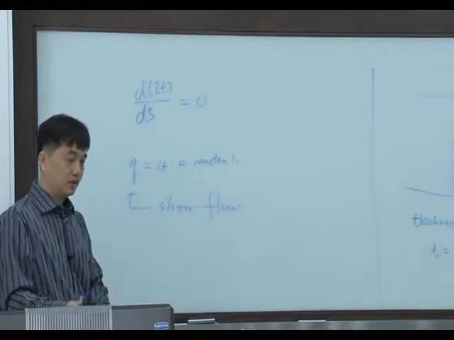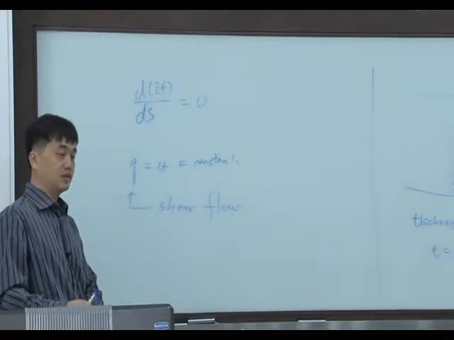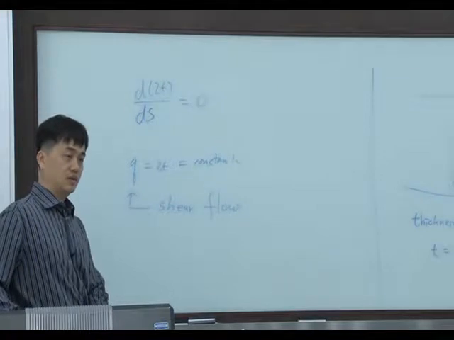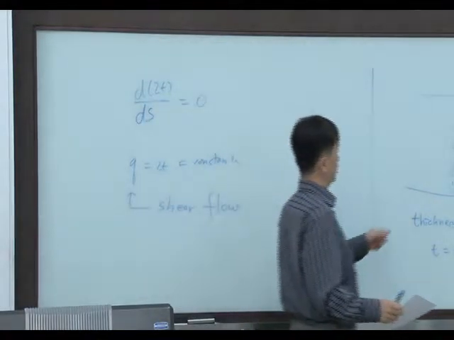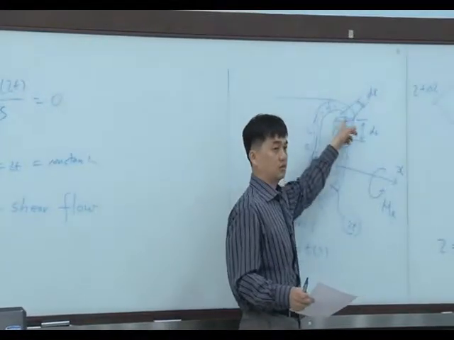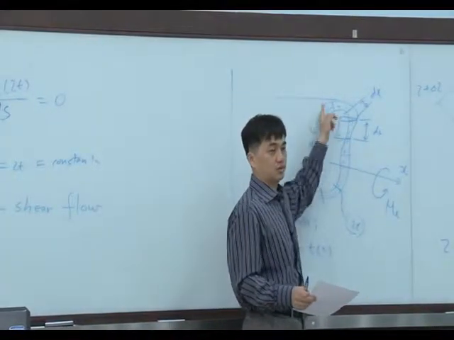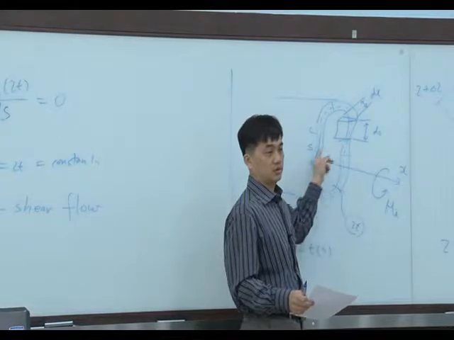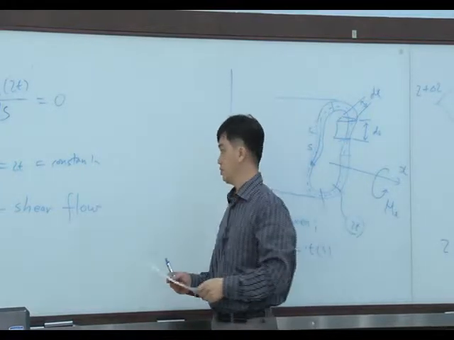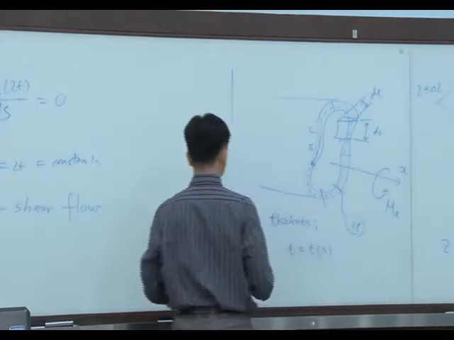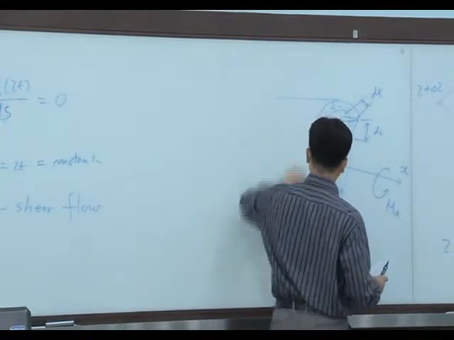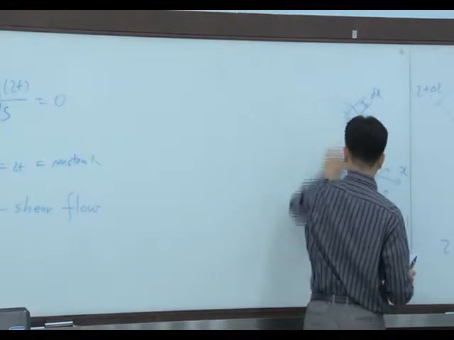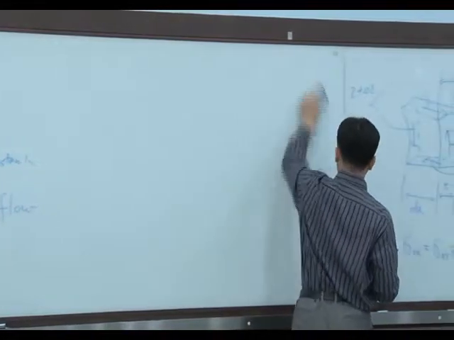When the twisting moment is applied, there exists constant shear flow through all the thin-walled section. This is a very important thing, and this will make the problem easier.